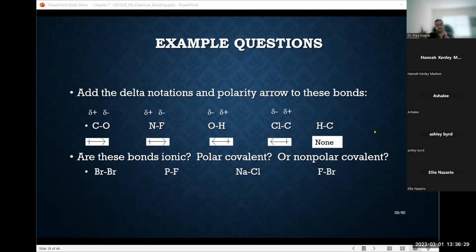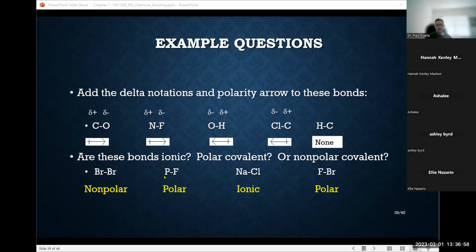Now is it polar or nonpolar? Nonpolar, exactly, because it's a diatomic, both atoms are the same, the electronegativity of each one is equal, there's an equal tug of war here. So yes, that is correct.